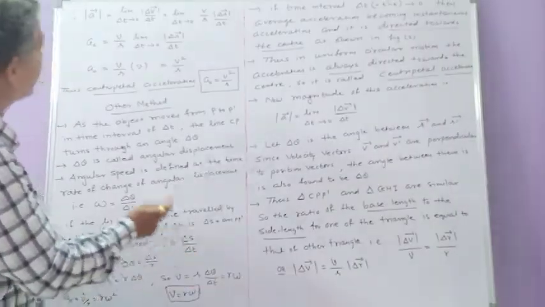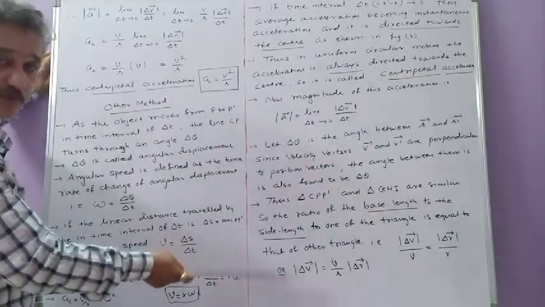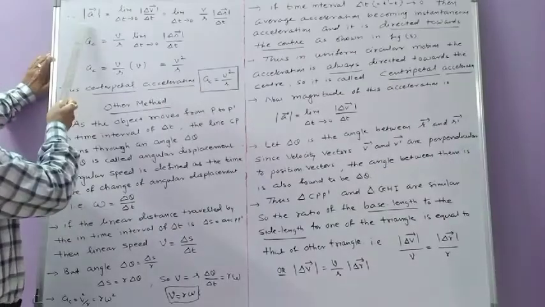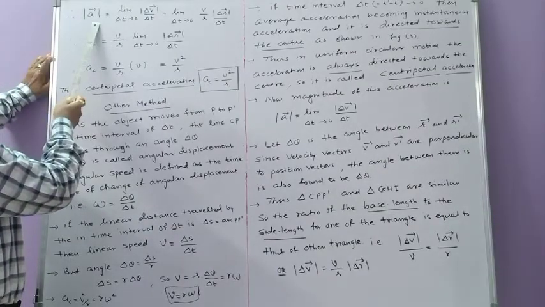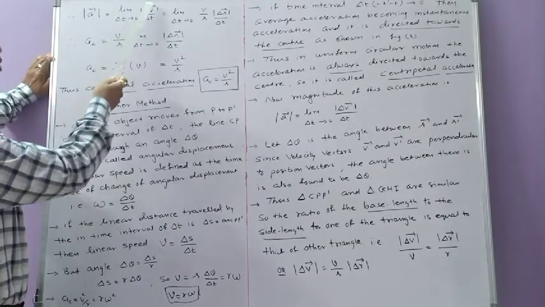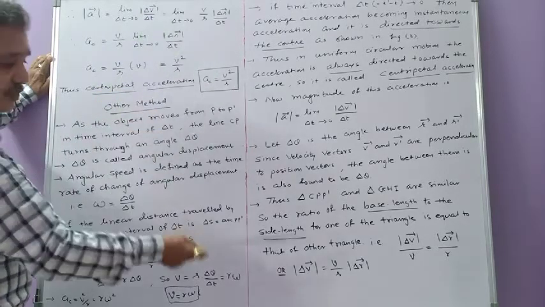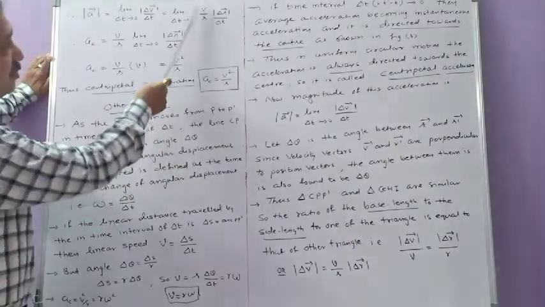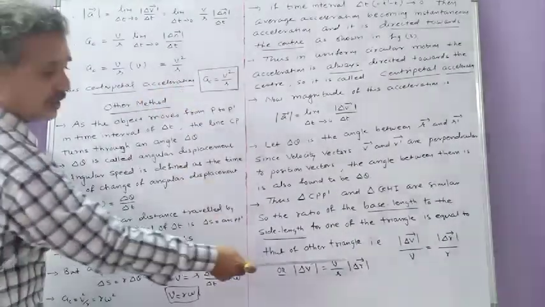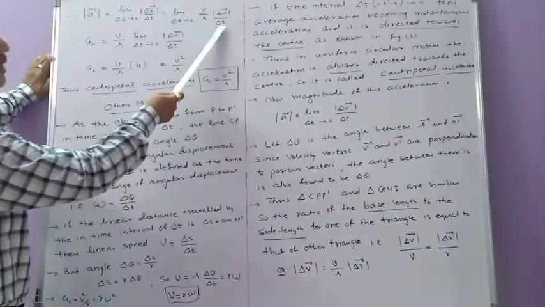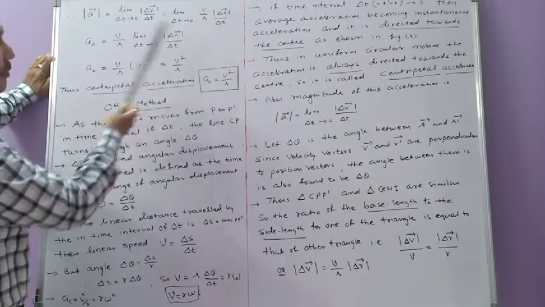Now divide delta v by delta t and you will get the average acceleration, and taking delta t tends to 0, the modulus of vector a is equal to limit delta t tends to 0 of modulus of delta v upon delta t. So modulus of delta v can be replaced by v upon r into modulus of delta r, and now it is divided by delta t. Bring this v upon r in front.